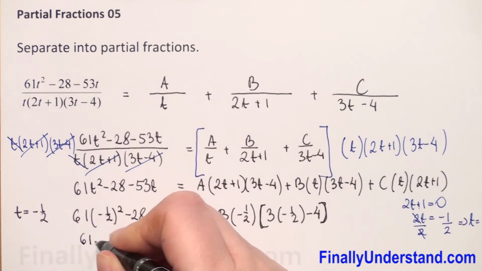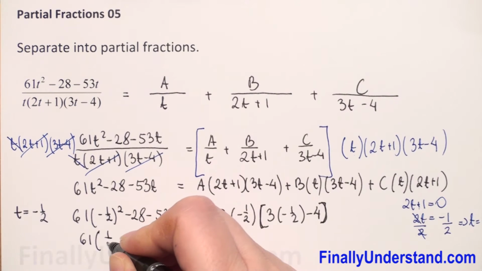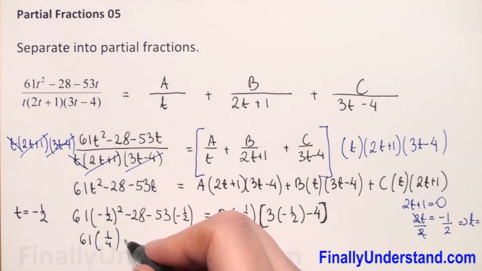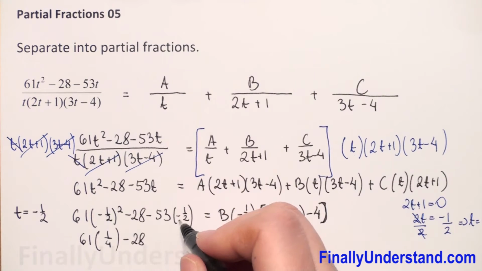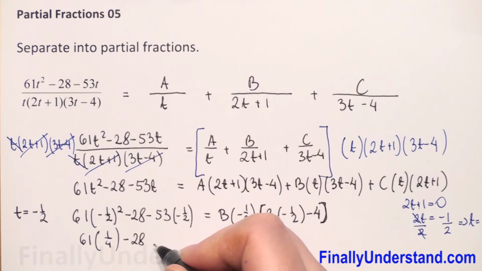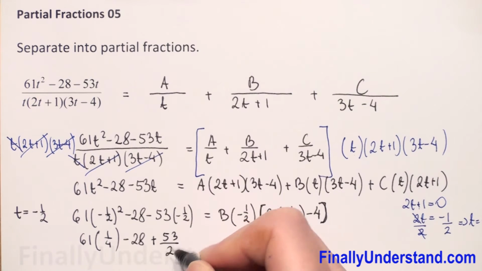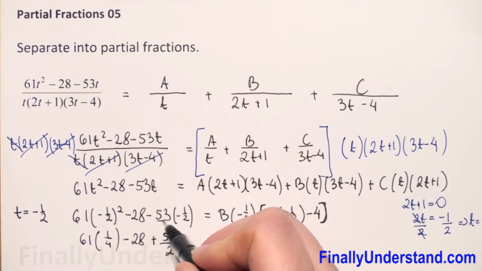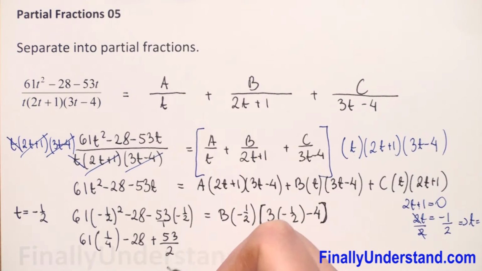So we have 61 times negative 1/2 to second power, so will be positive 1/4, negative 28. And we have negative times negative give me positive, so we have plus 53/2. Because we have fractions, we can write 53 over 1, so 53 times 1 is 53, 1 times 2 is 2.